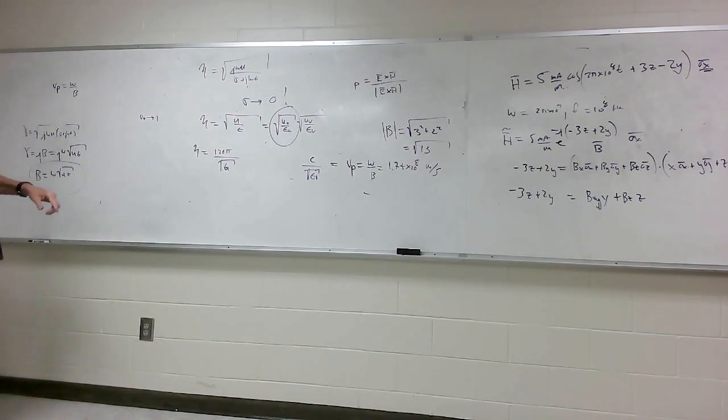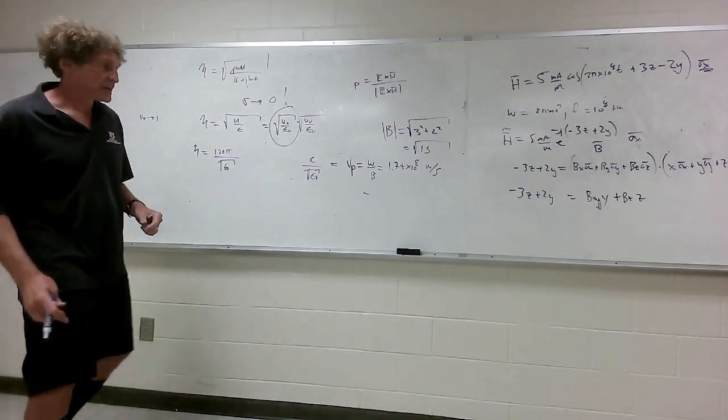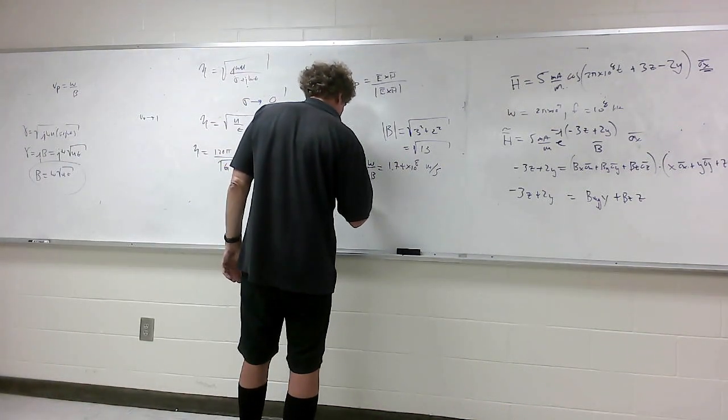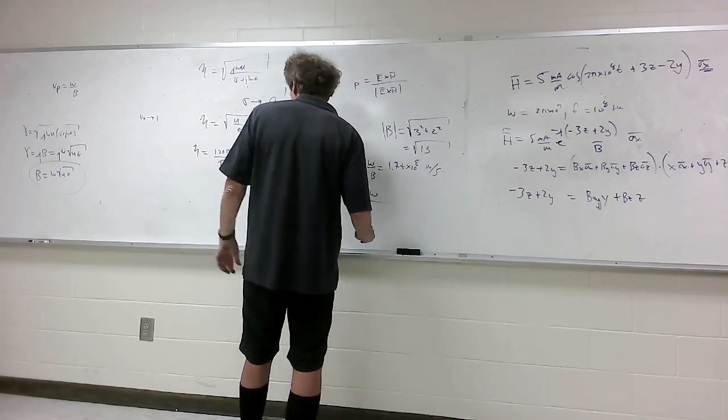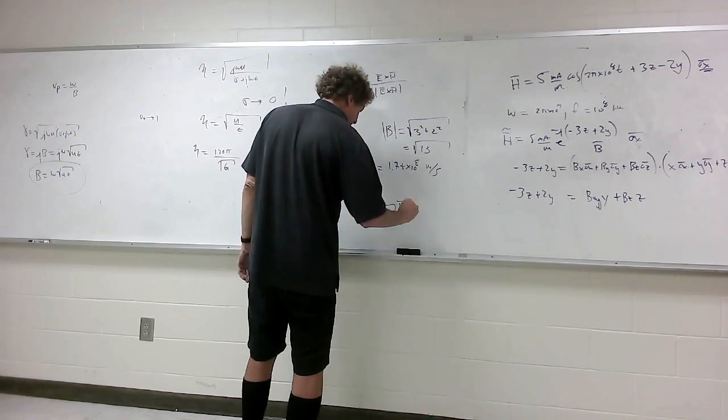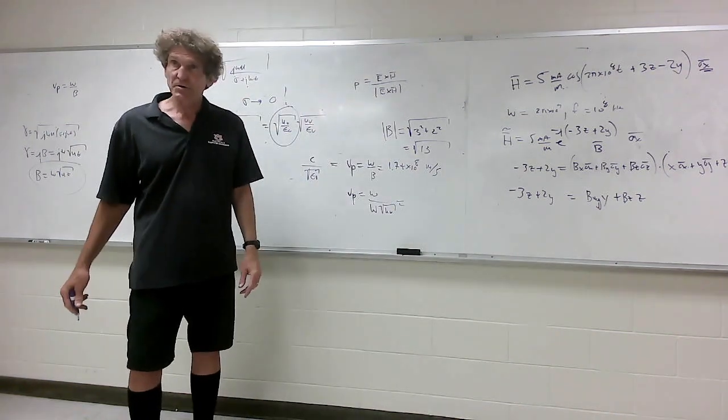Now coming back over here, when I take a look at this and I want phase velocity, well, phase velocity is omega over beta, divided by omega square root of mu epsilon, right? Omegas cancel. Do you all see that, class?